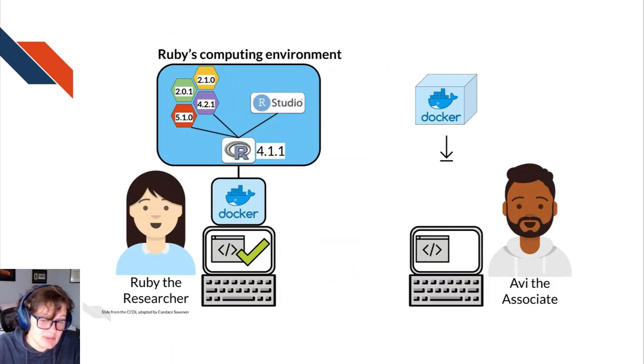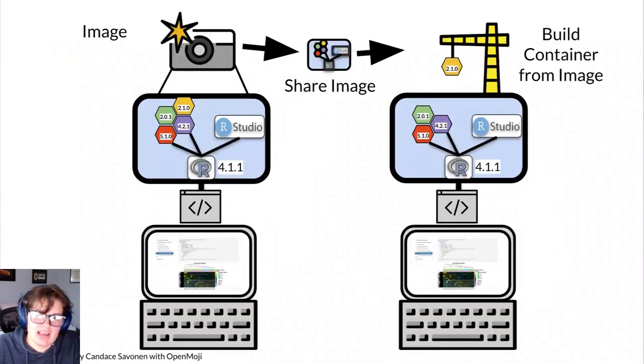We go into more detail about this in our containers course, but this allows us to share environments without actually shipping laptops. Here is a little schematic to show how that can happen. An image is like a snapshot of the computing environment that we can share easily.